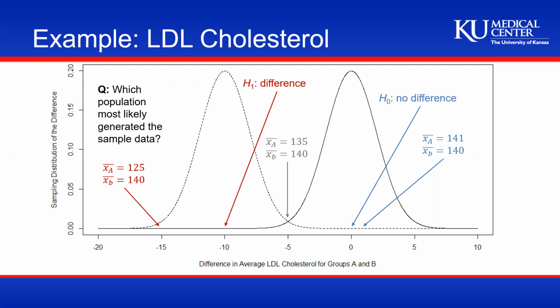It's a coin flip between the null and the alternative. This is why we design studies beforehand to control type 1 error, because before I see this data, I'm going to pick how strong, how different these two need to be before I say that it's the alternative rather than the null. And if it's big enough, then I know that my predefined threshold has been met, as opposed to letting the data tell me.